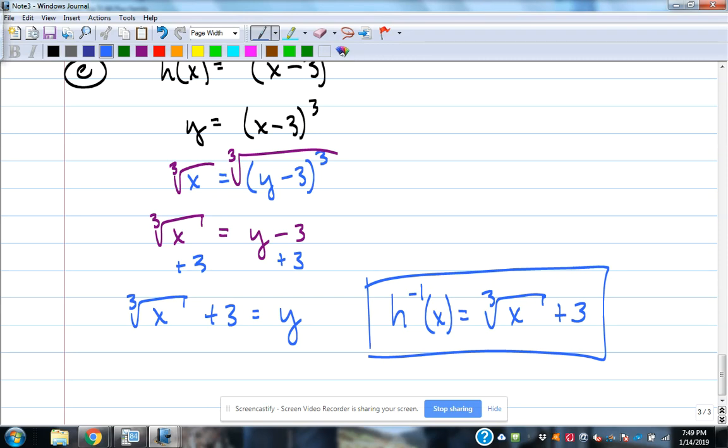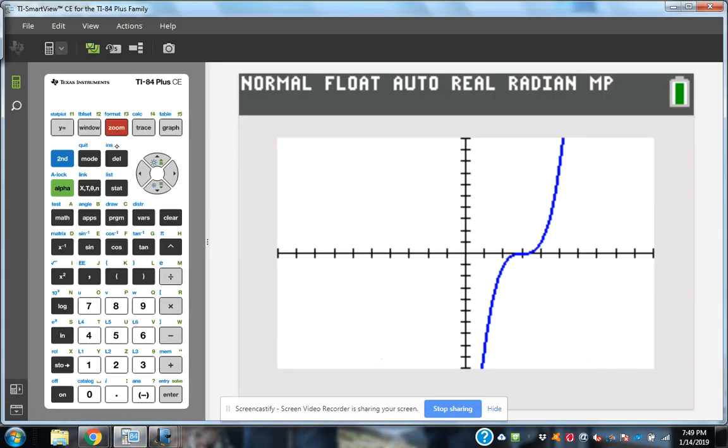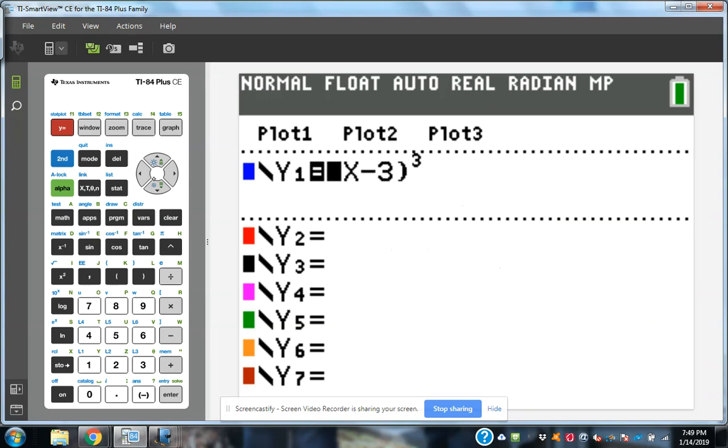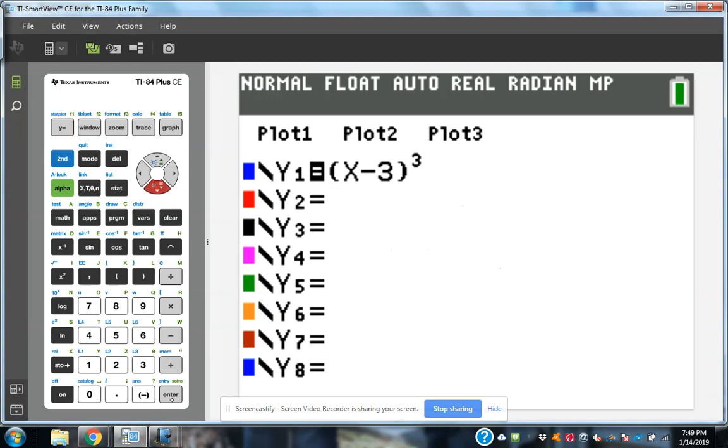I want to show you a neat thing that happens if I graph that inverse function. So I'm going to go to the calculator. I've hit zoom 6 to get back to the 10 by 10 window. So zoom 6 will always get you back to 10 by 10. And then I'm going to go to y equals, and in the second equation on y2, I'm going to hit that cube root.